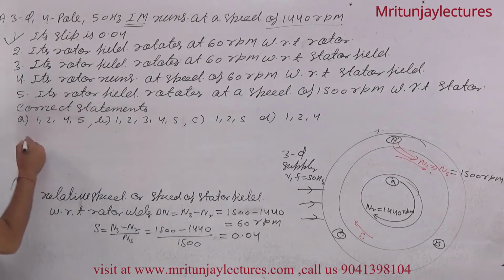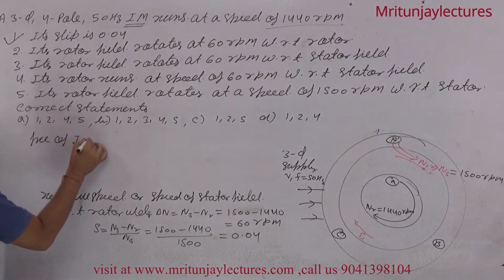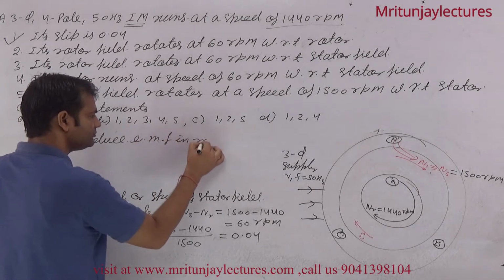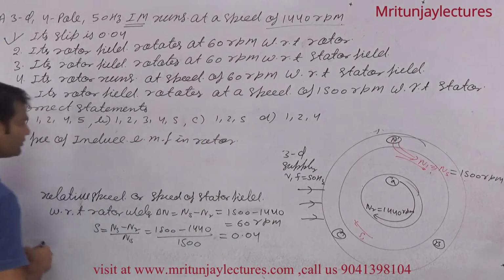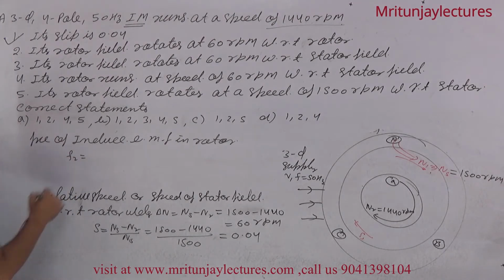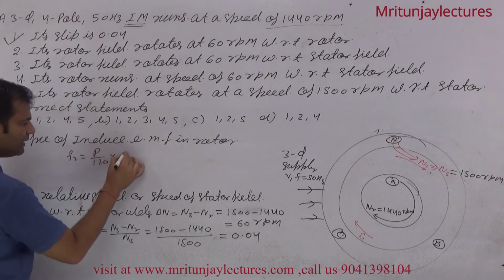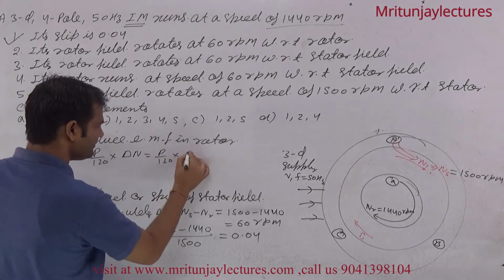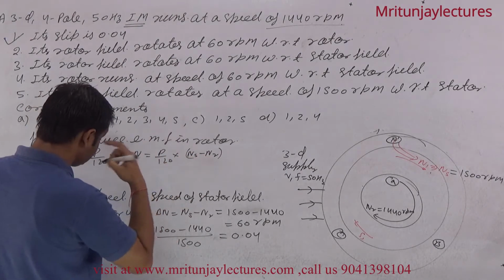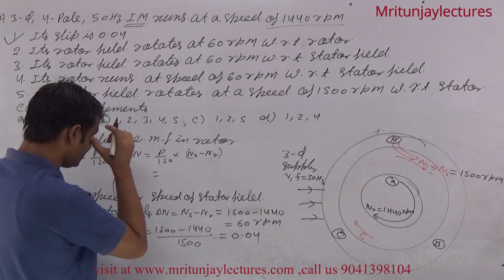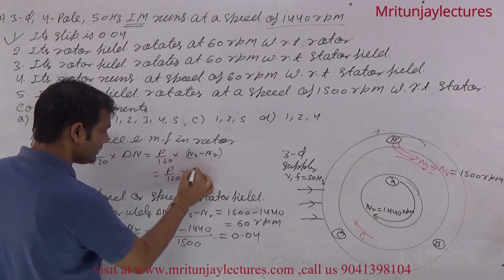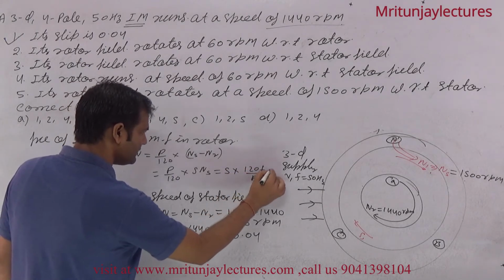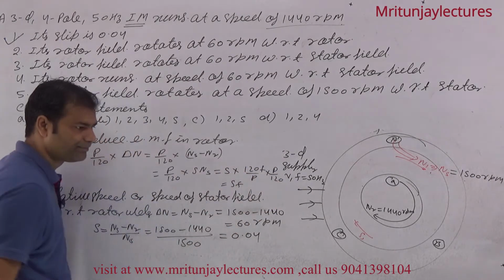So the frequency in the rotor is P upon 120 into delta N, where delta N means Ns minus Nr. This is also written as S into Ns. Ns means 120 F by P, and with P upon 120, finally we get S into F.